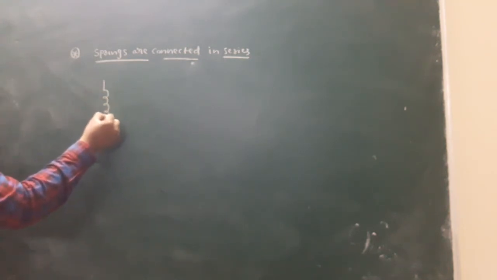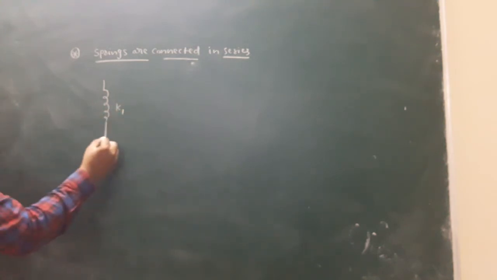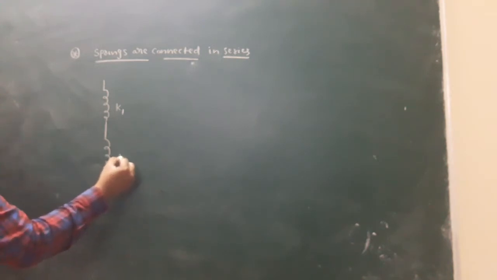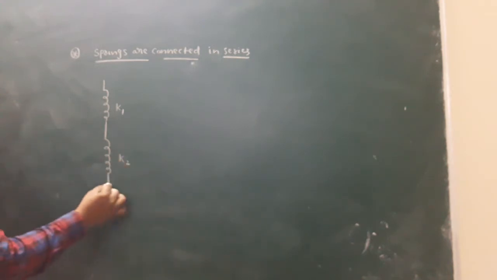Series. Here, please look. This is the first spring, spring constant is K1. This is the next spring, spring constant is K2.